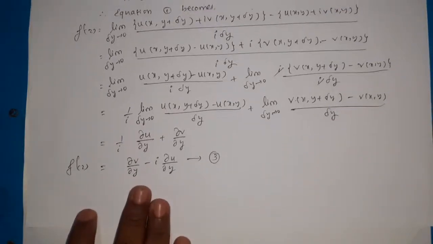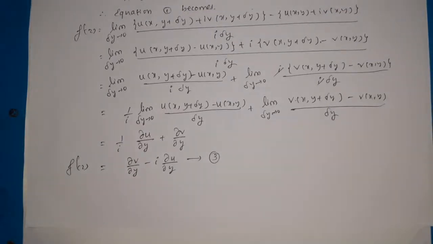So in case 1 we have f dash of z, but there the expression is dou u by dou x plus i into dou v by dou x, and here dou v by dou y minus i into dou u by dou y. Now let us equate equations 2 and 3.